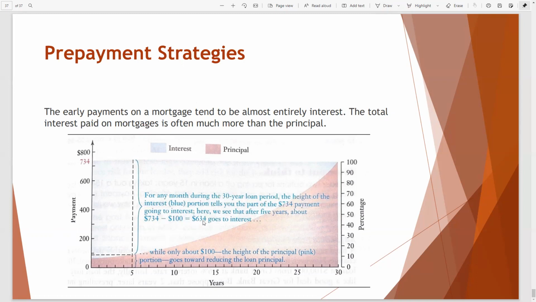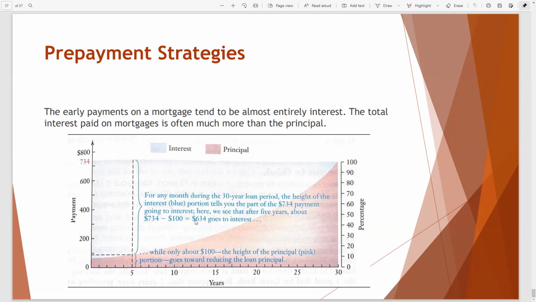That's $634 going to the interest, right? So the earlier the payment you make, the higher the amount that goes to the interest. In other words, at year 5, that 634 is the interest, and the principal is $100.